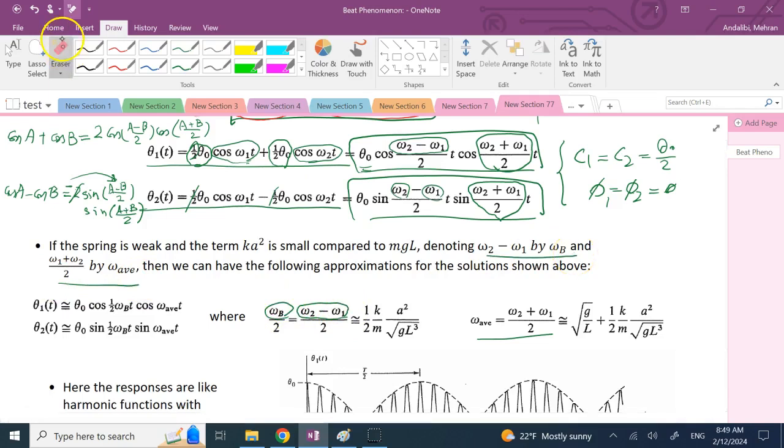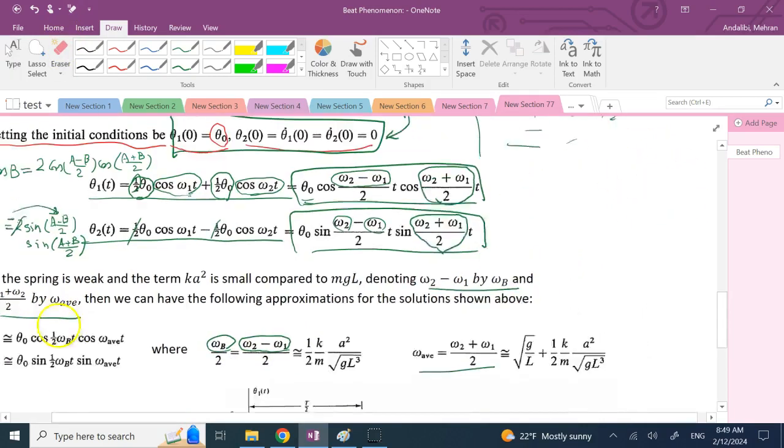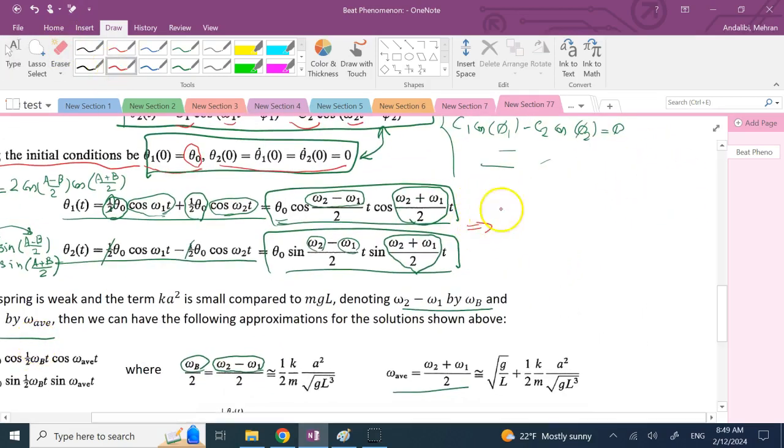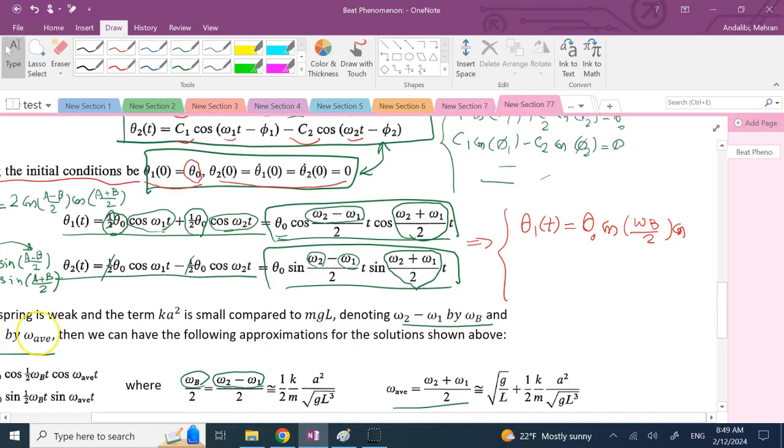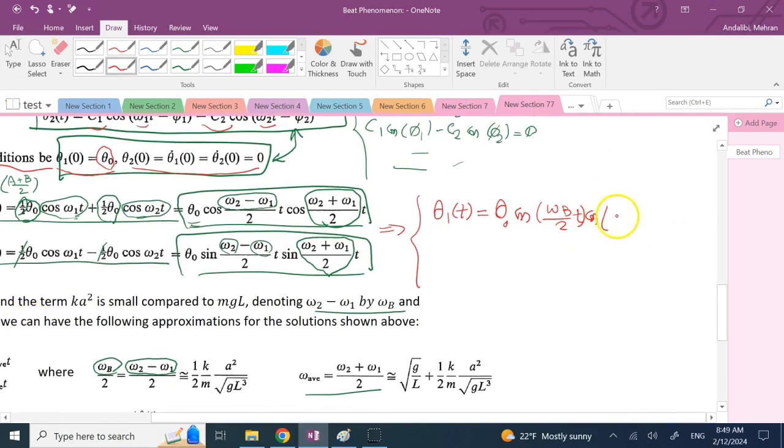In that case, the exact solution can be written as theta 1 of t equals theta 0 cosine of omega B over 2 times t, of course, times cosine of omega average times t, and theta 2 of t equals theta naught sine of omega B over 2 times t times sine of omega average times t.